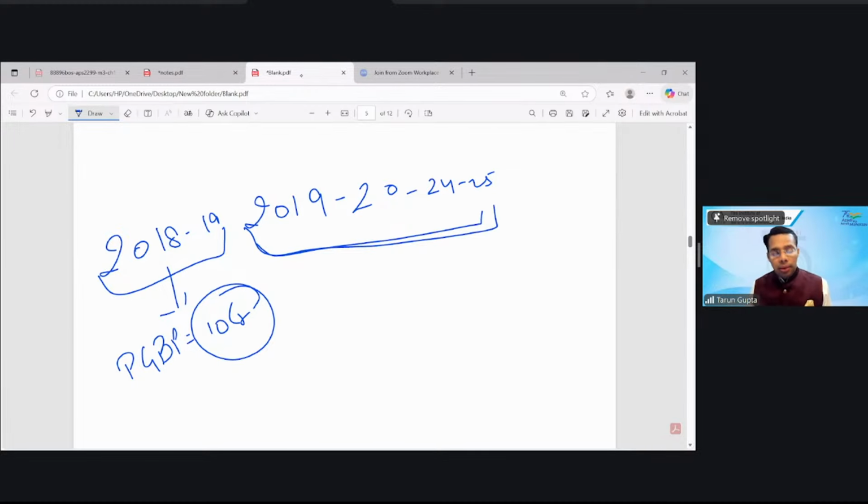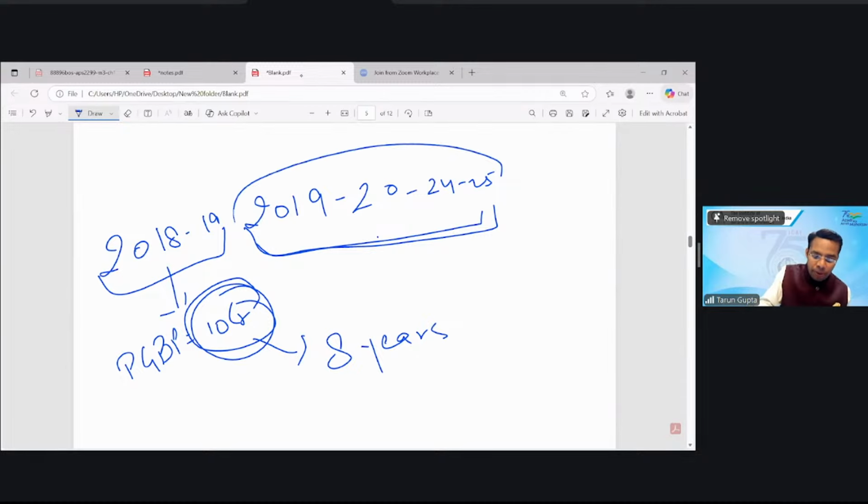Once search has taken place, this earlier loss cannot be set off against the block period. But you can set it off subsequent to the block period, within the time limit of 8 years. And for computing 8 years, this block period shall not be excluded. So 6 years have already been wasted in the block period. Whatever time is left after the block period, you can set off the loss.